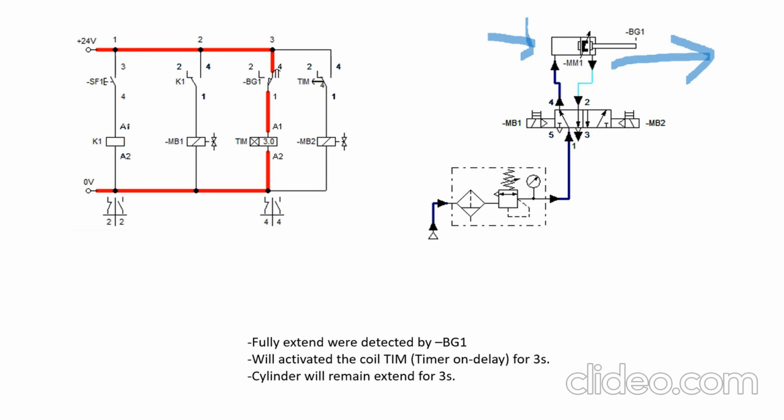So it will fully extend, as detected by the VG1 here. So it will activate the timer on delay coil, this one, for 3 seconds. So the cylinder will remain extended for 3 seconds.